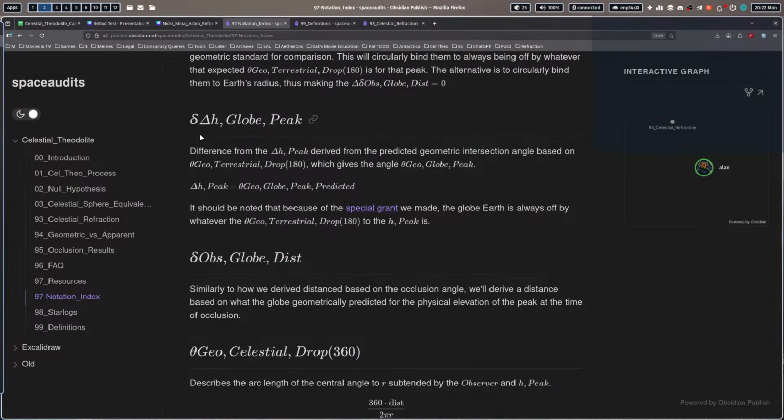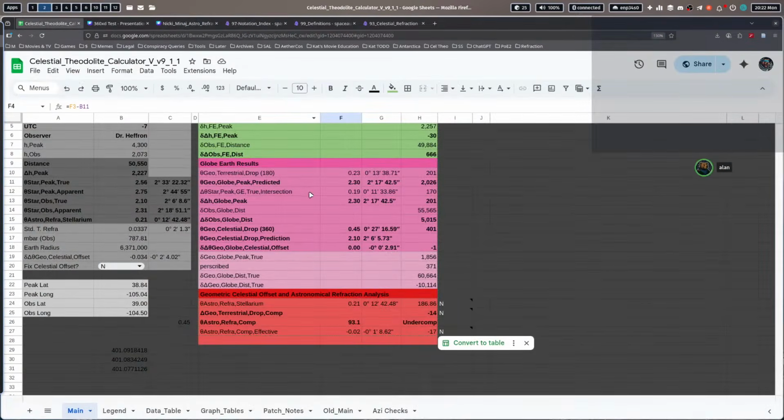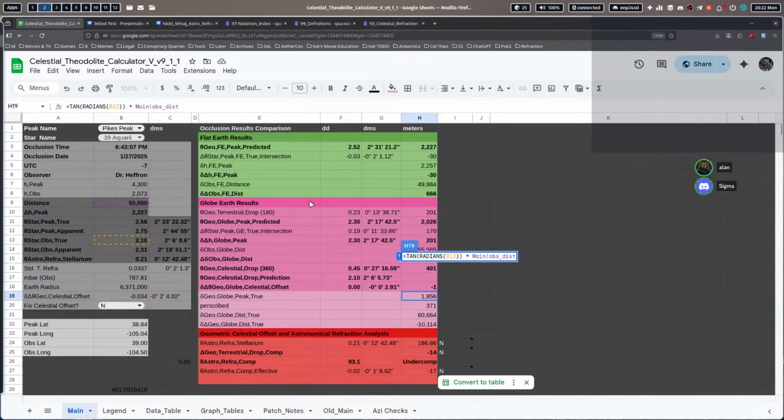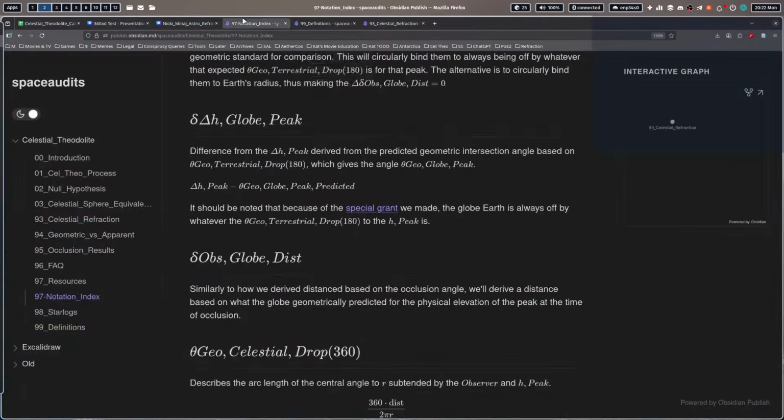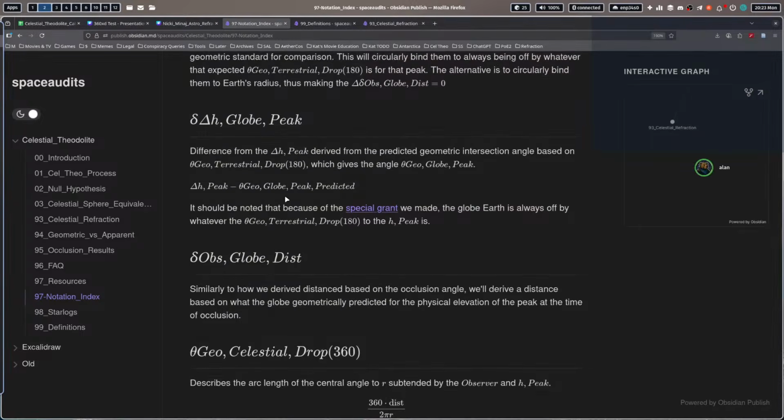Now for how we derive that, one second. So doing the same function that we did earlier, which was just the tangent of the occlusion angle times the distance, giving us a distance produced out of that, or that would be for the elevation.